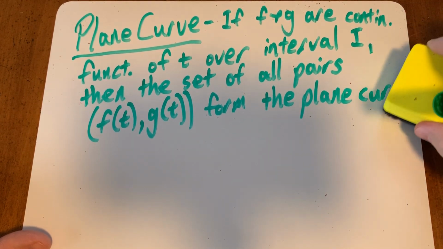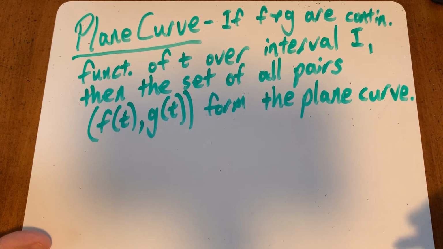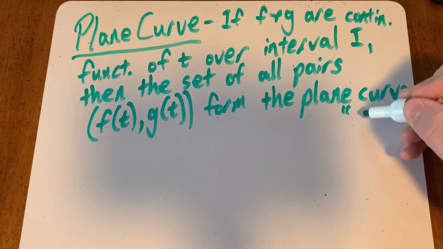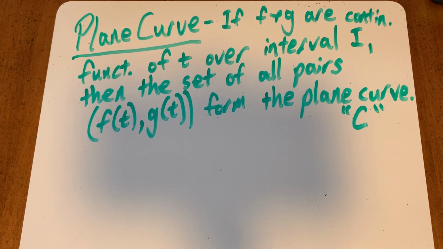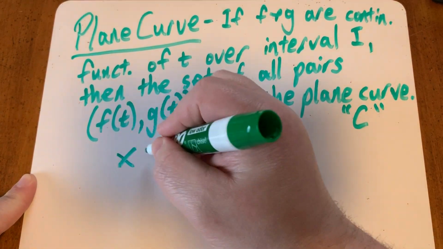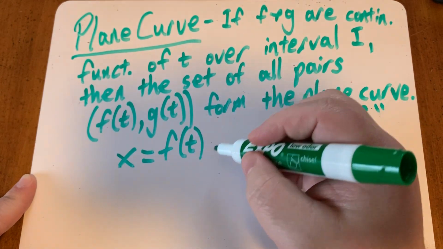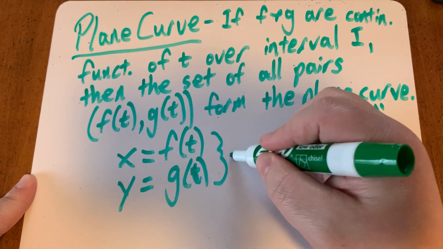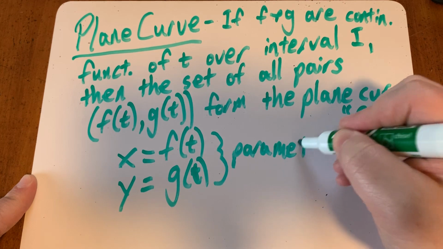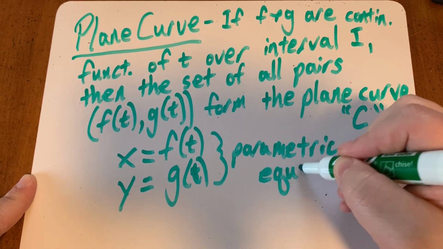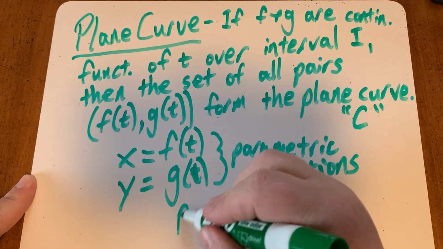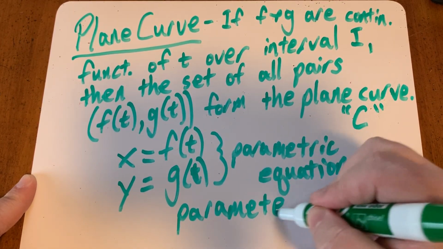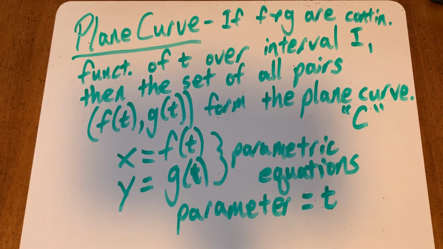I'm just going to call the plane curve C. And in C, our x parameter is f of t, our y is g of t, and these are our parametric equations with parameter t. So that's what a plane curve is.